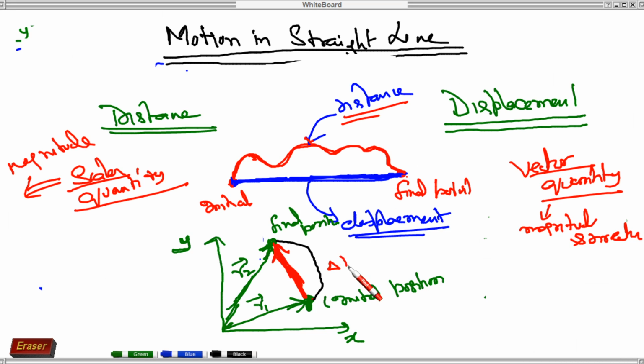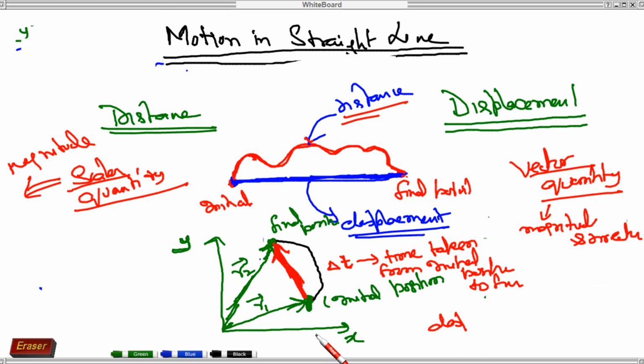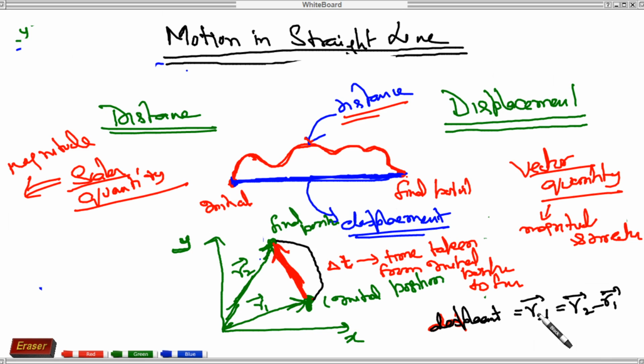Suppose in time delta t, the time taken from initial position to final position, the displacement vector will be r21, which is r2 minus r1.